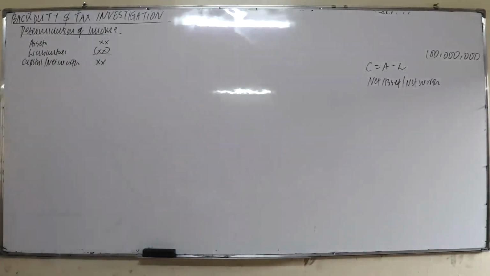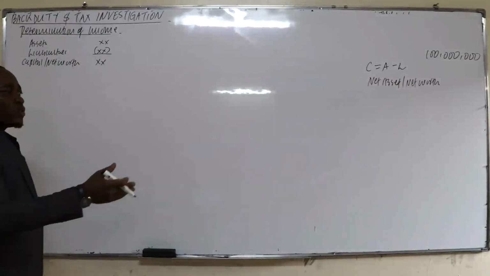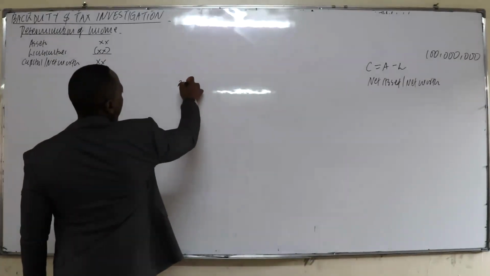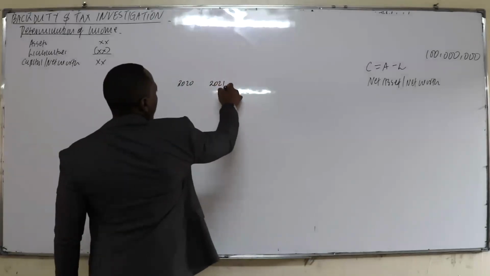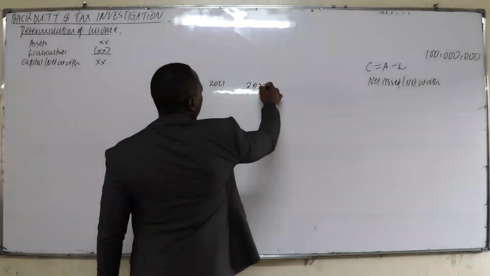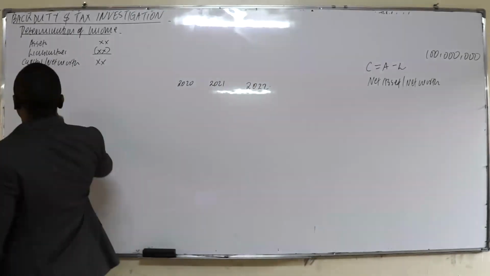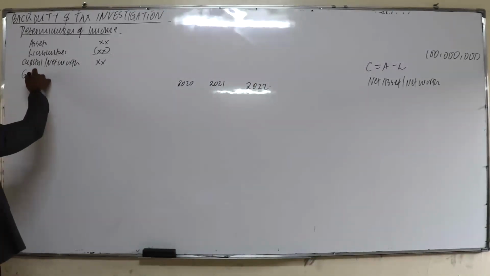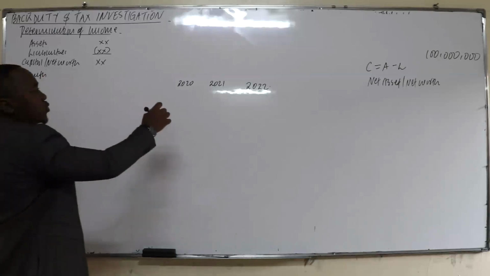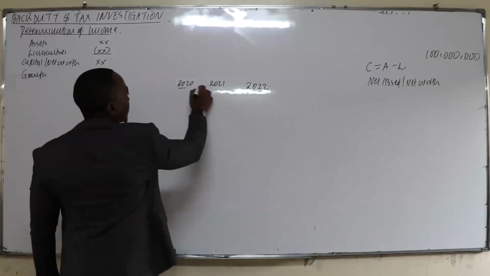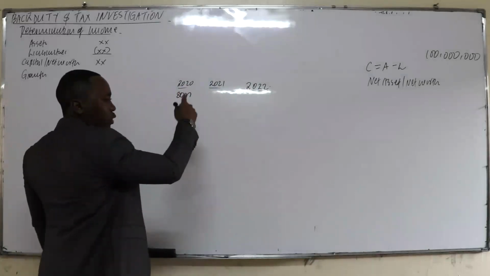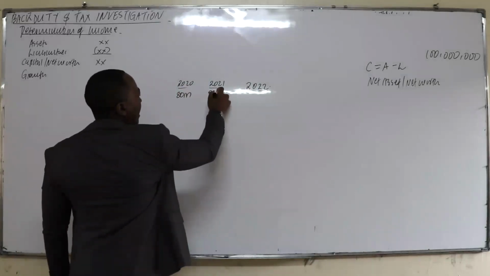Once they determine the net worth, in this case, it's all about back duty. They are comparing some years, for example, 2020, 2021, 2022. Once you determine the capital, then you determine the growth from one period to another. For example, in 2020, let's assume your net asset was 80 million. In 2021, it was 90 million.